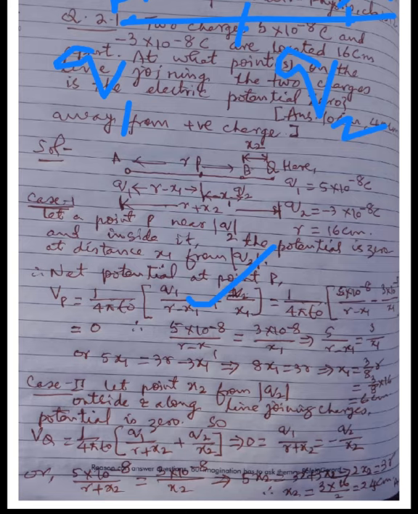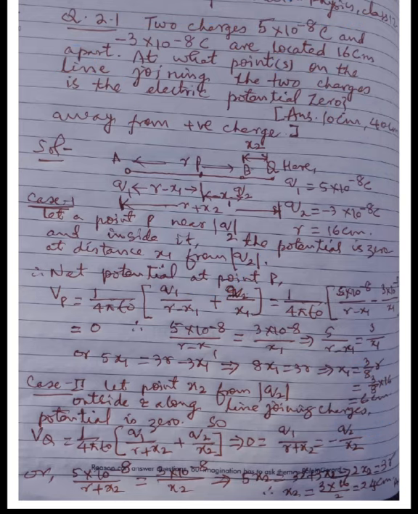Let the distance x1 be from B to P in the first case, and after calculation x1 is equal to 6 centimeter. Means from charge Q2 the distance is 6 centimeter and the total distance between A and B is 16 centimeter. So from positive charge Q1 the point P where the potential is 0 is at 10 centimeter. This is the answer of the first part.